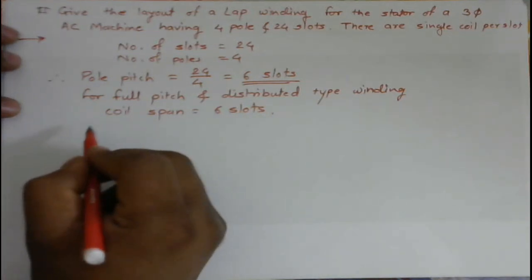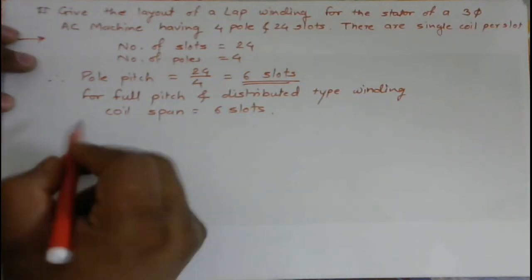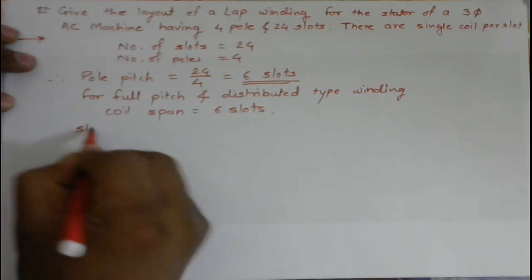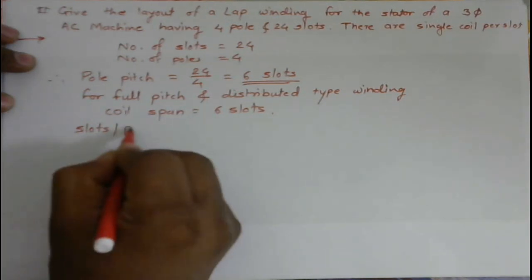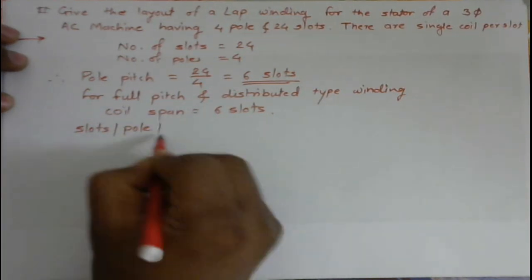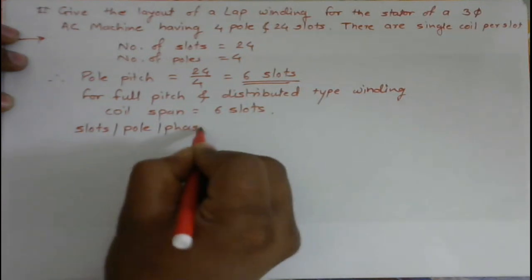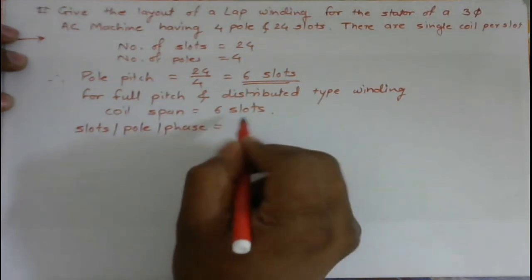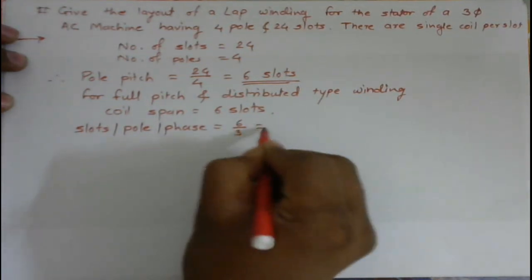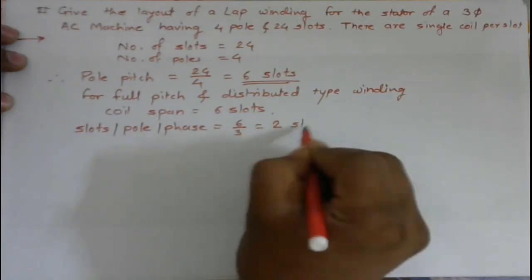Now as the machine is 3-phase, the slots per pole per phase is equal to 6 by 3, which is equal to 2 slots.